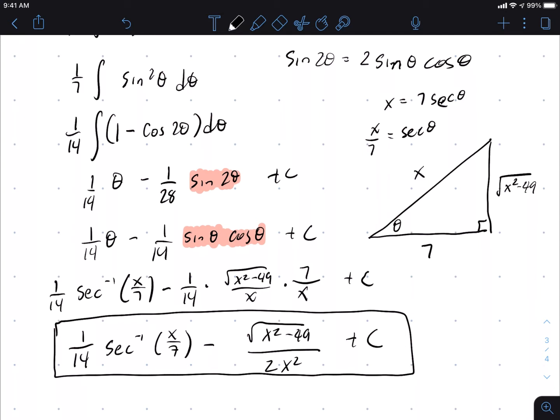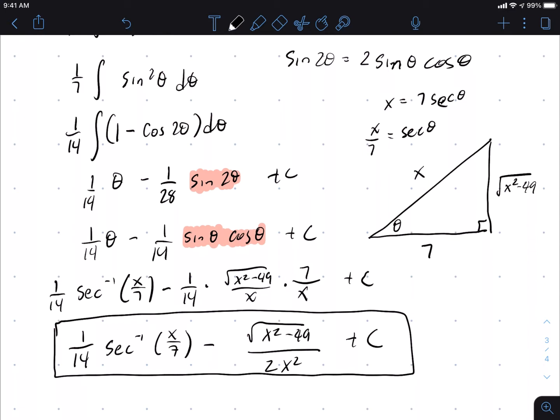Okay, thanks. So the 7 and the 14, those cancel out, and then you get a 2 on the bottom, right? Correct. Yes. Oh, okay. Yeah, because all that gets multiplied together, right? So you'll end up with 7 square root of x squared minus 49 over 14x squared, but then the 7 and the 14 reduce.